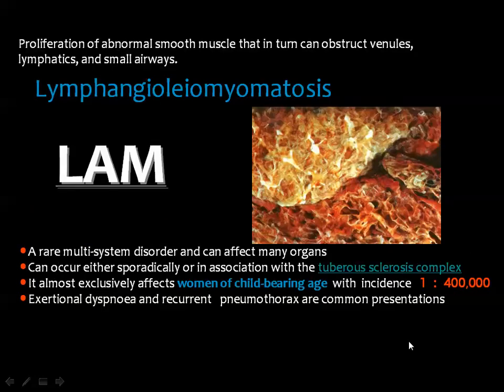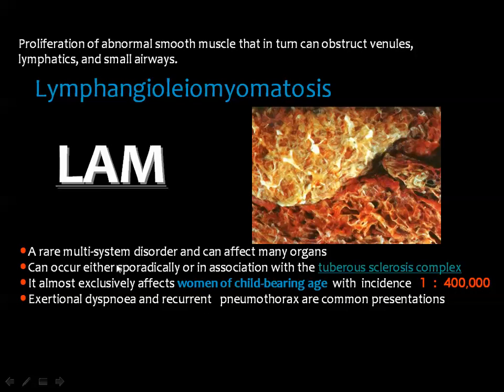Then we came to the second one in this category. Well, first the histiocytosis, then the lymphangiomyomatosis, a disease which results in a proliferation of abnormal smooth muscles, which will obstruct the veins, the lymphatics, and the airways.